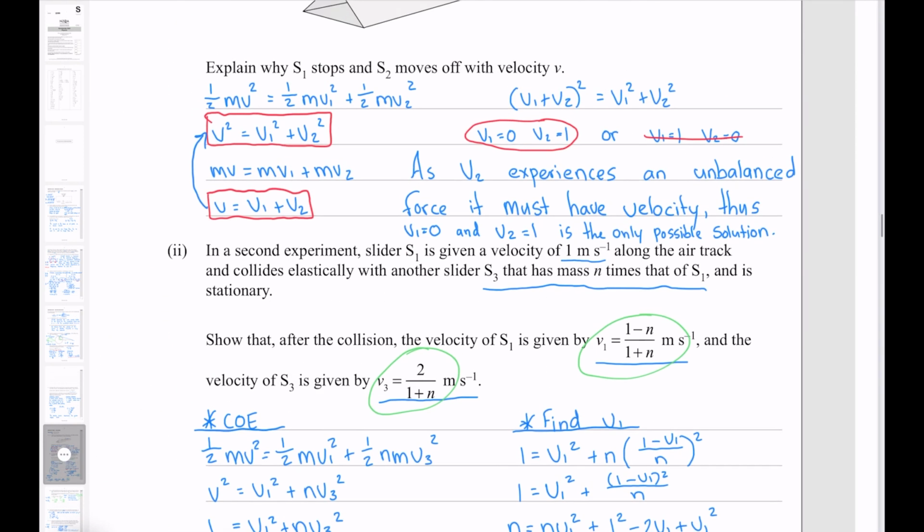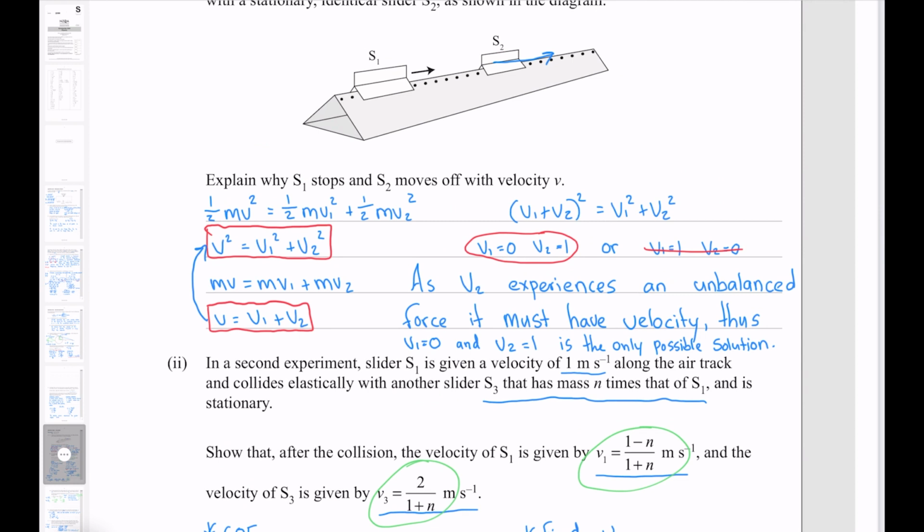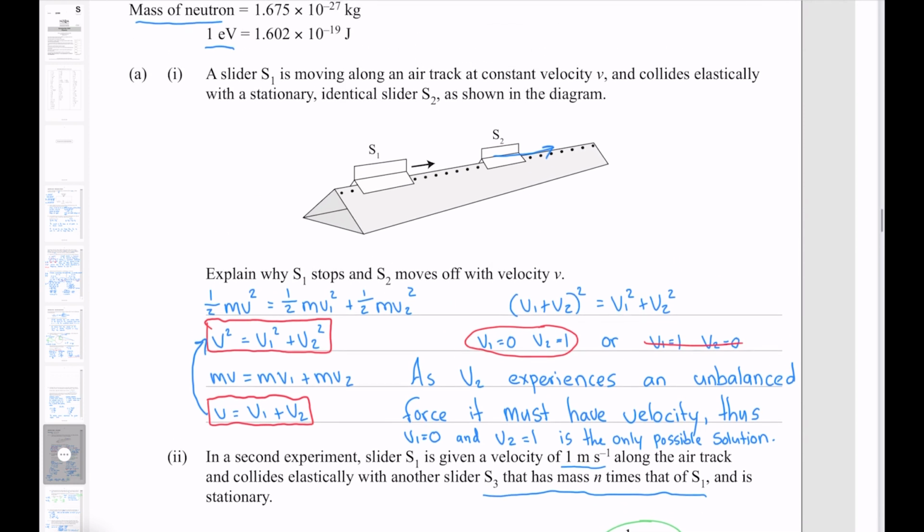For our A, what we found is that if the masses are the same, if the masses are similar, then the velocity of our incident particle is completely absorbed. It goes to 0. What this means is that we want the masses of whatever our neutrons are hitting to be as close to the mass of that neutron as possible.